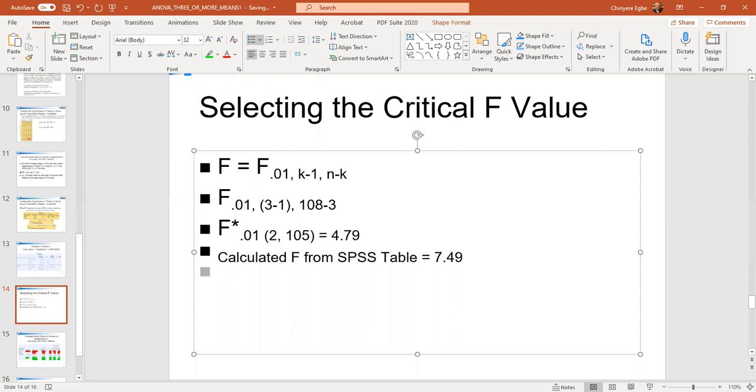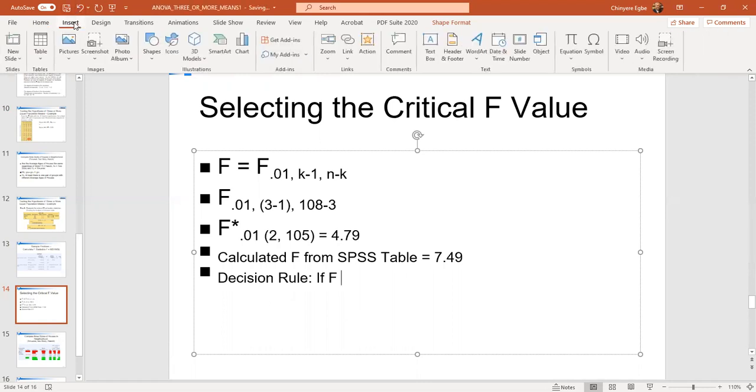And very simply, we apply the decision rule as usual. If the calculated F is greater than or equal to F star, we reject the null hypothesis. So here we reject the null hypothesis if F is greater than F star.